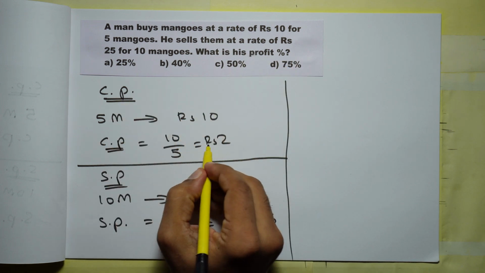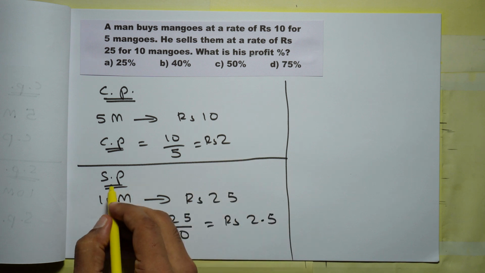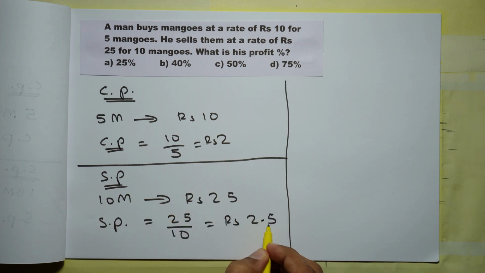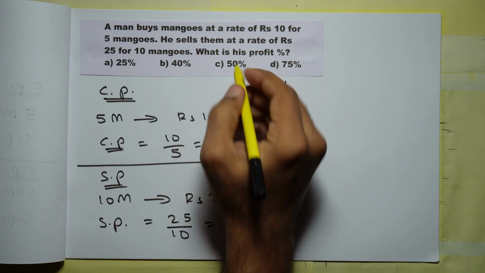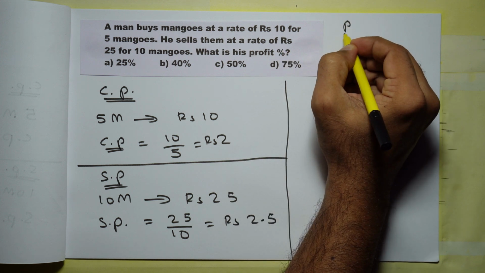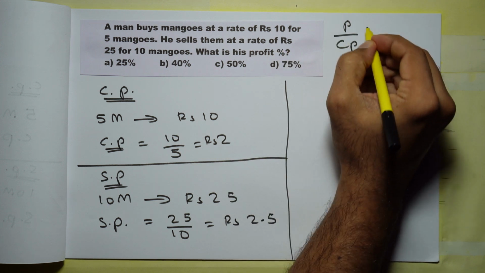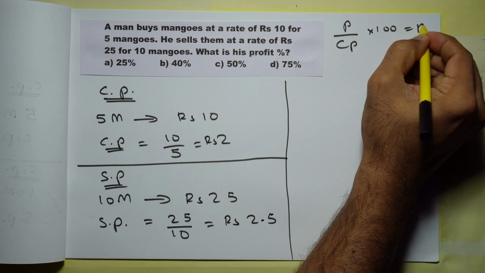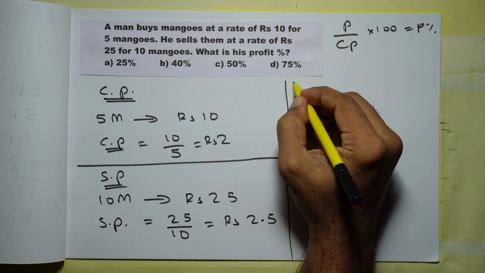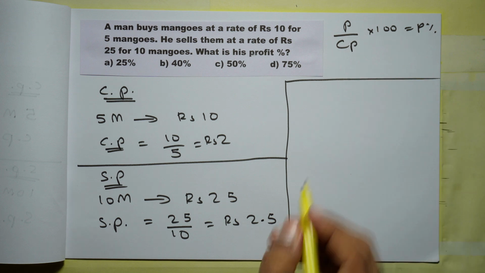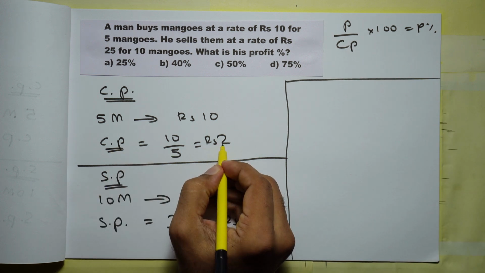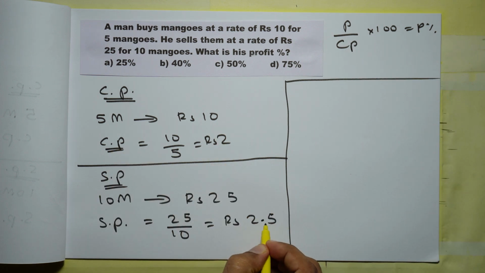His cost price is rupees 2 per mango and his selling price is rupees 2.5 per mango. Now profit percentage is given as profit out of cost price into 100. So we'll just substitute into this equation. His cost price is 2 and he is selling it at 2 rupees 50 paise.